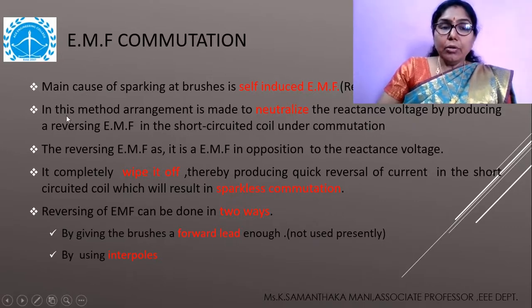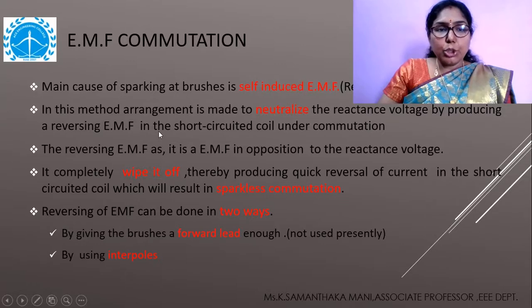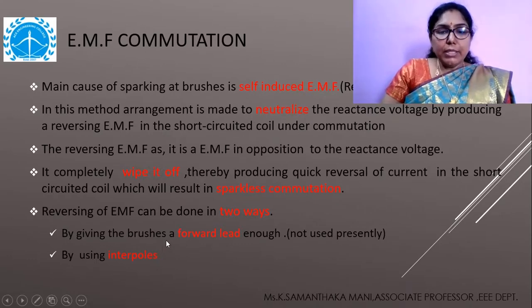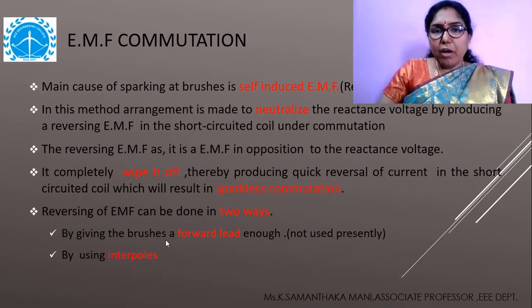Coming to this EMF commutation, again there are two methods of producing the reversing EMF. The first method is a forward lead of the brushes. Changing the brush position to the required forward lead is a little complicated.